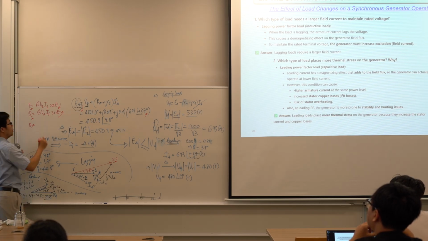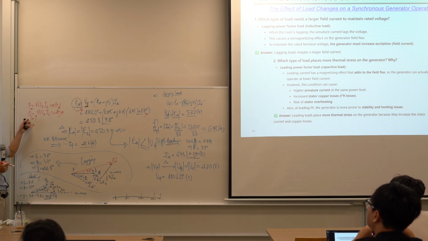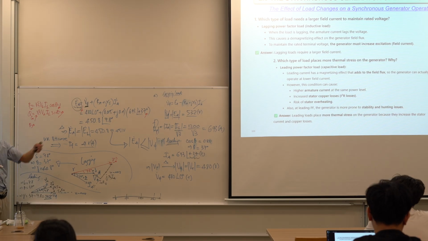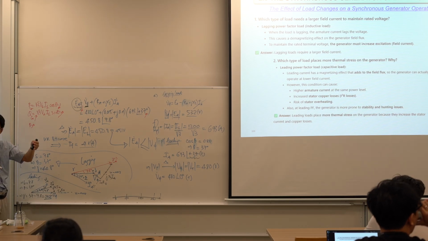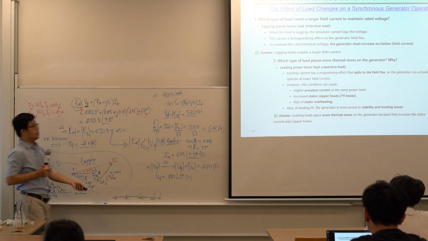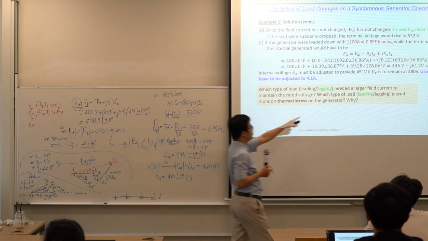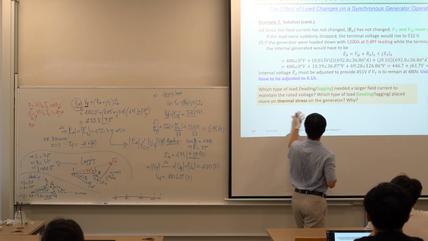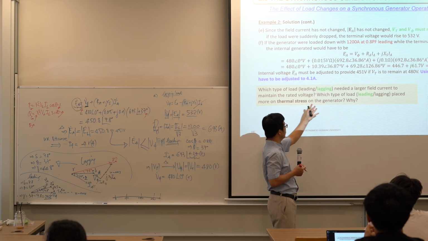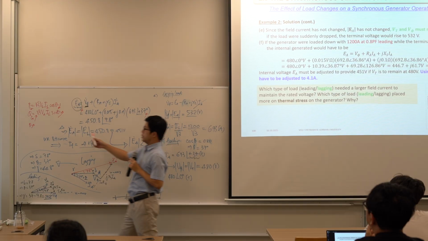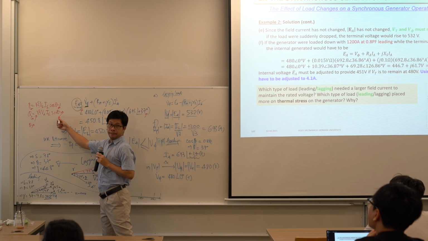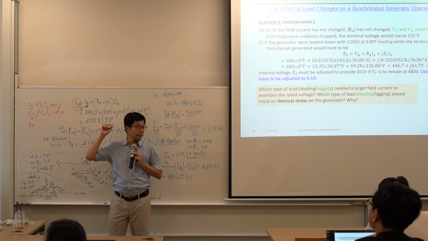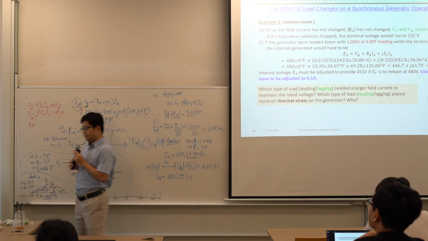And sine theta increases, so Q increases. Q is non-useful power, and this generates more temperature and more thermal stress. Do you understand? Yeah. So this is the reason. If we have a leading load, you get more thermal stress on the generator. Do you understand? Yes, good.